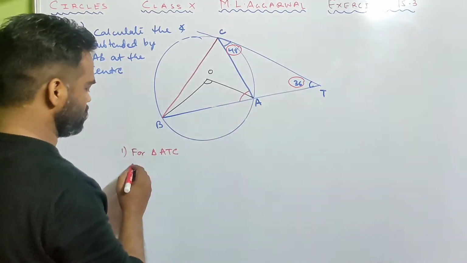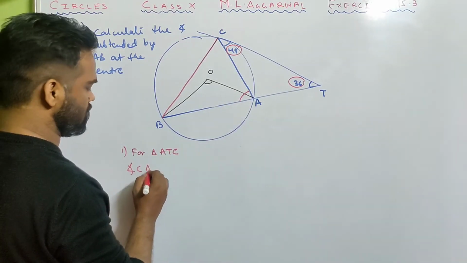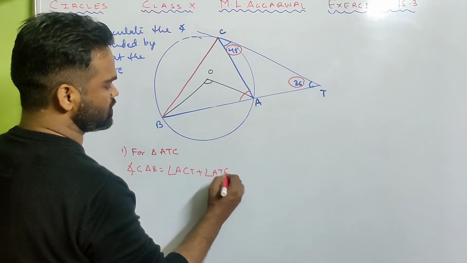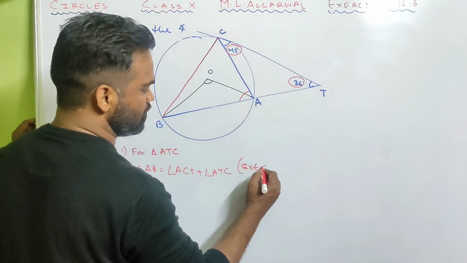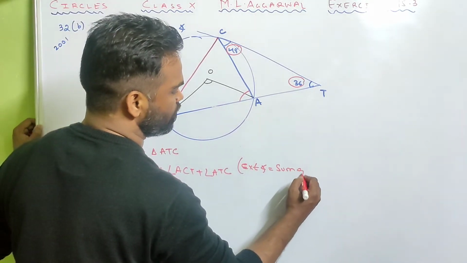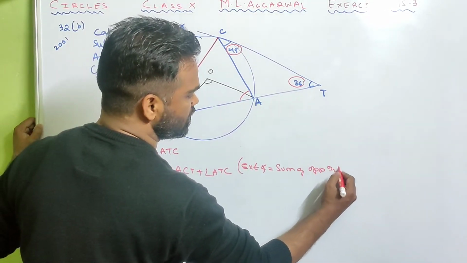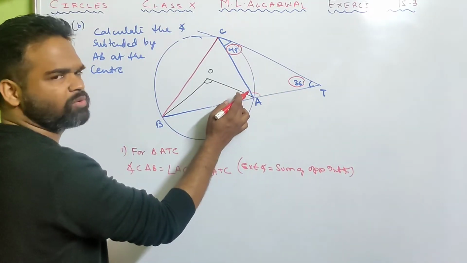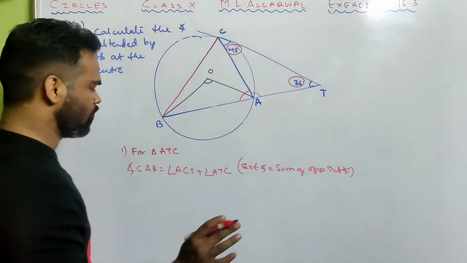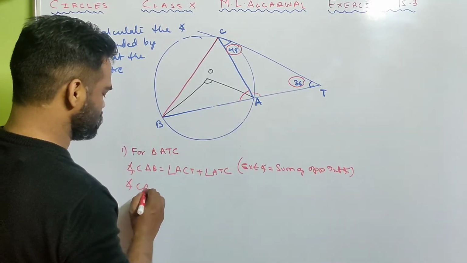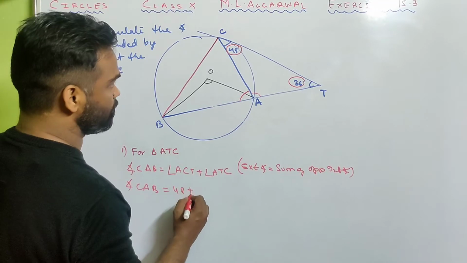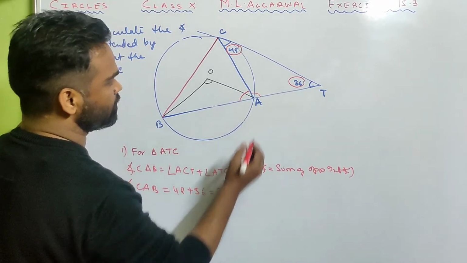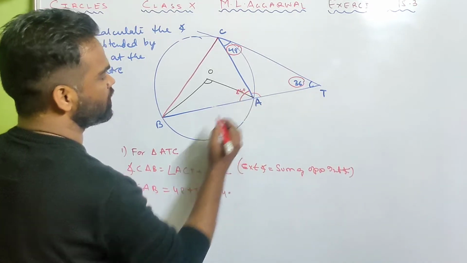Angle CAB will be equal to angle ACT plus angle ATC. Exterior angle is equal to the sum of opposite interior angles, or you find this by angle sum property, and then you calculate this linear pair, whatever you want to do. So angle CAB is 48 plus 36. That's how much? 84 degree. This is 84 degree. Done.